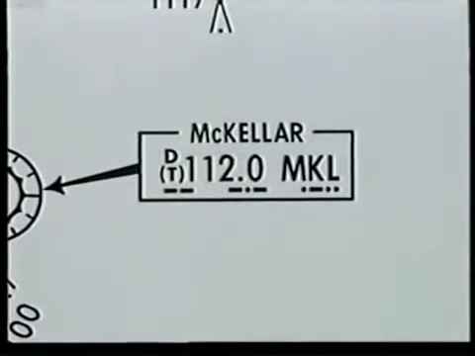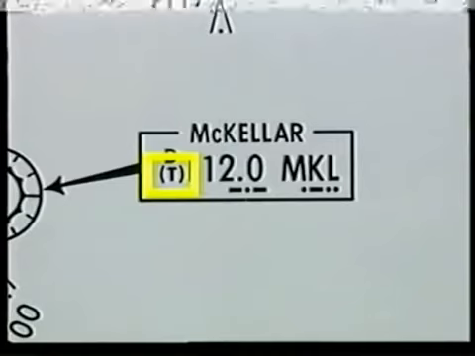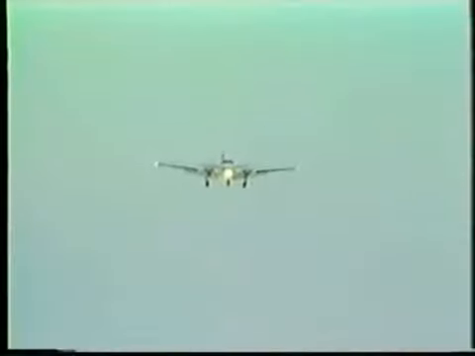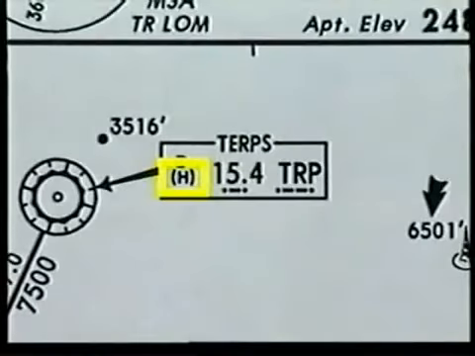For VORs, a letter T appearing in the box indicates that the station is a terminal class facility. These nav aids are used primarily as approach aids and are normally not part of the en route structure. An L indicates a low altitude class VOR, while an H is used with high altitude stations.